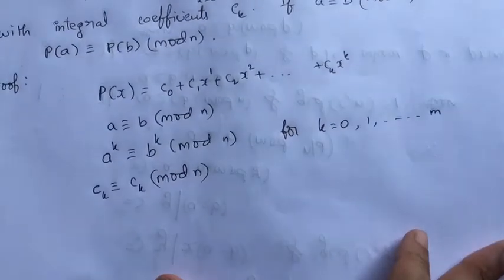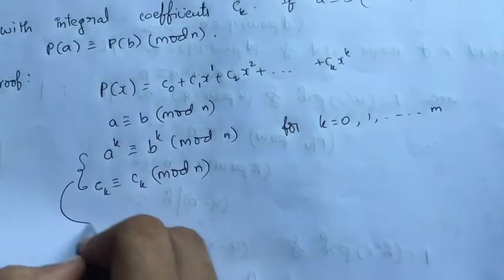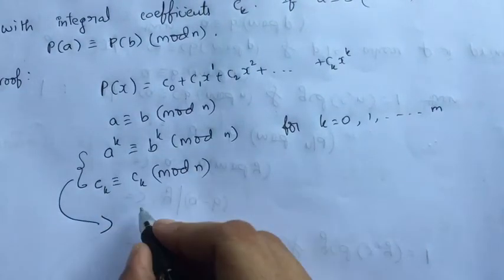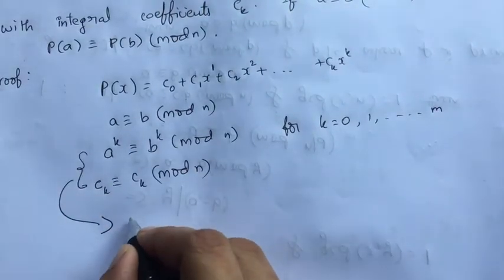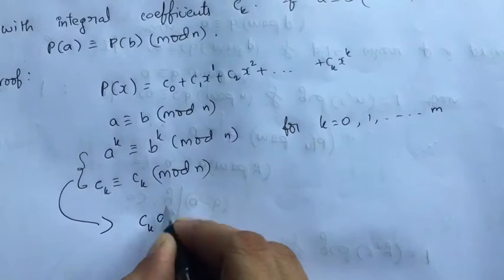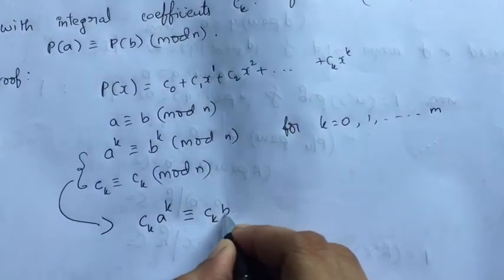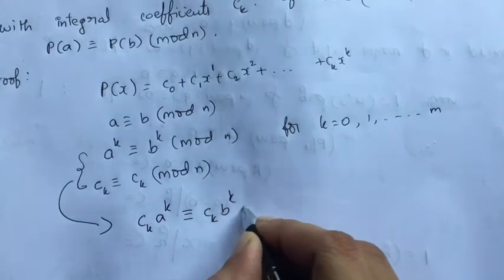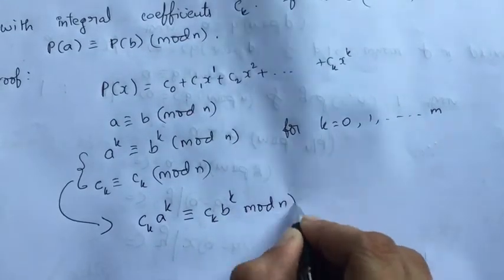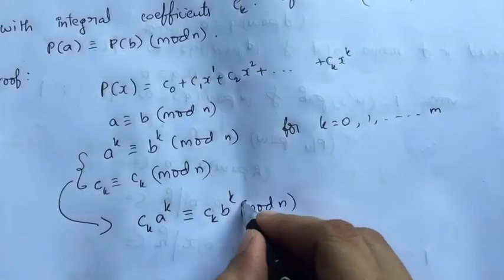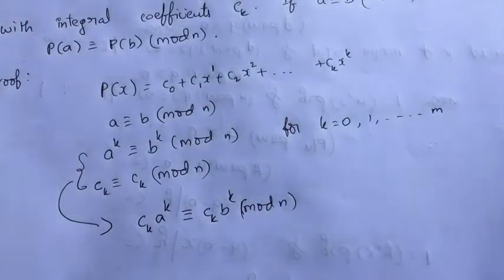So from these two I can multiply these two congruences and write ck a power k is congruent to ck b power k mod n, right, by using the properties of congruences.